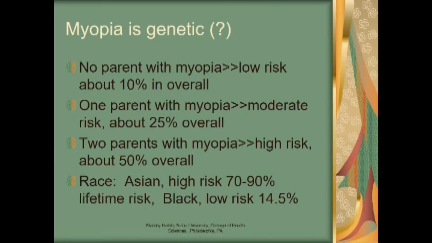And as I explained before, Asians have a much higher prevalence of myopia, 70 to 90% lifetime risk, whereas blacks have a much lower risk, only 14.5% overall.